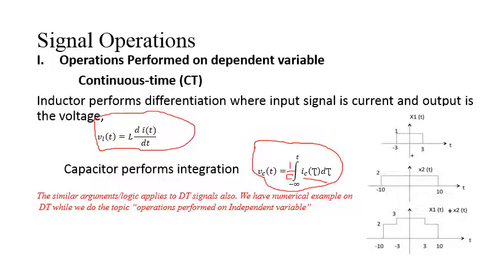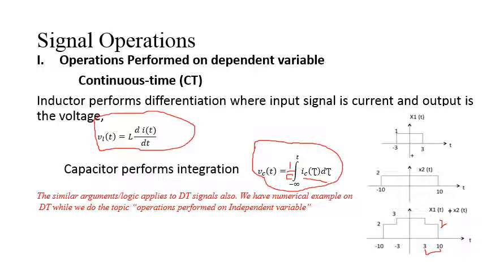So 2 plus 0 will result in 2. That is why from 3 up to 10 it will have a value of 2. Beyond 10, this signal is 0 and this signal is also 0, so the summation of 0 with 0 will result in 0. That means from 10 up to positive infinity this signal will be 0.